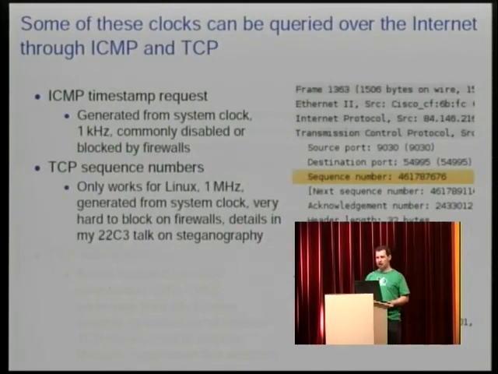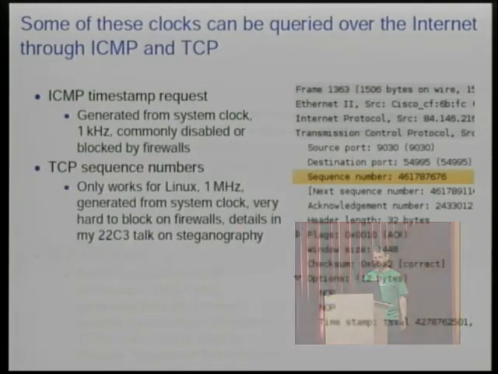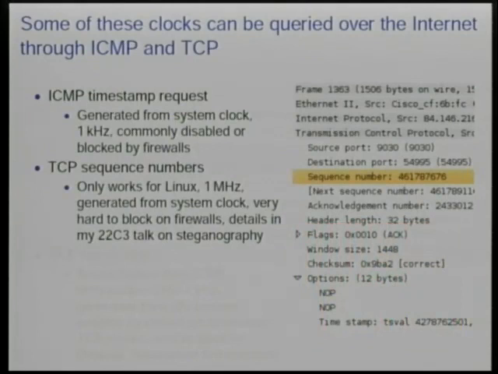Another one, which actually brought me onto this topic, I talked about at the last Congress, which is on Linux. You can estimate a notion of a computer's time by the TCP sequence number. This is because when a sequence number is generated, the host will take the source, destination, port and IP address, hash them all together, and then add on a 1 megahertz clock.